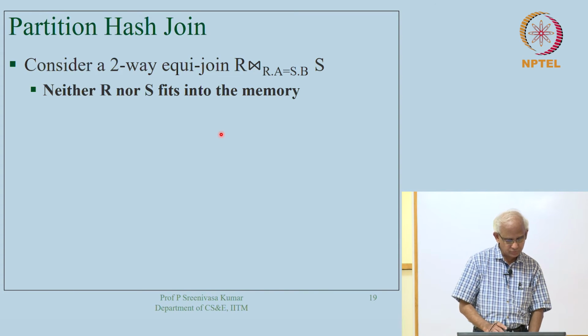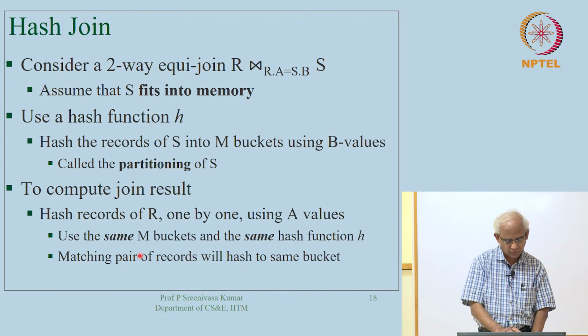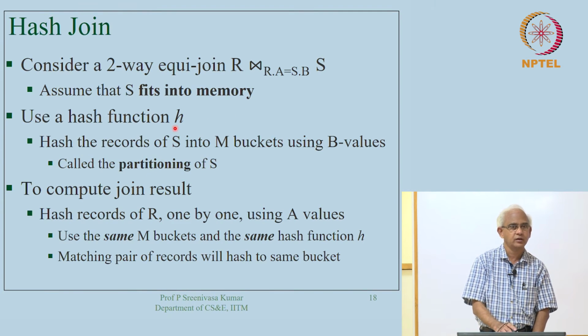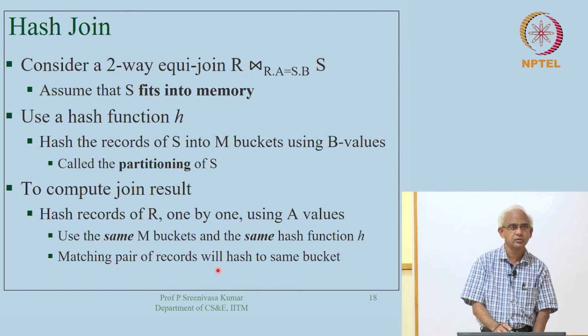So, if one of them fits into the memory, then we can use this hash idea in order to produce the join results. Are there any questions on that? Can I proceed?